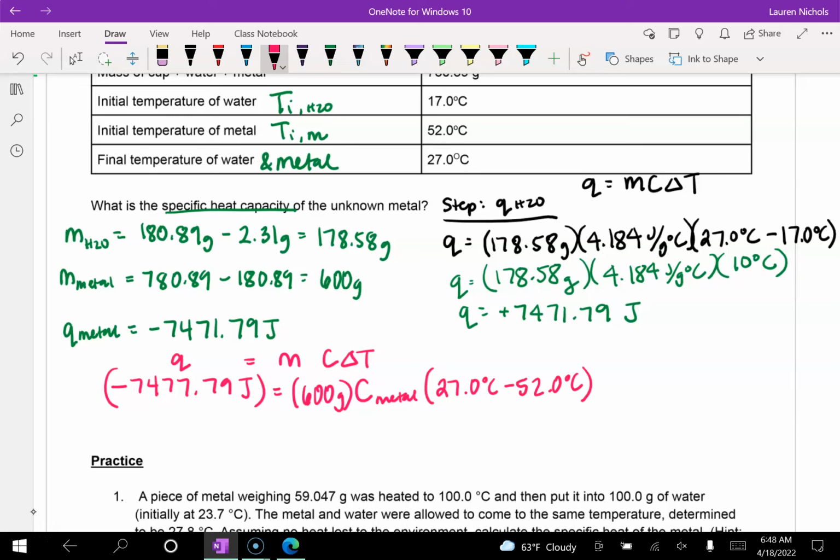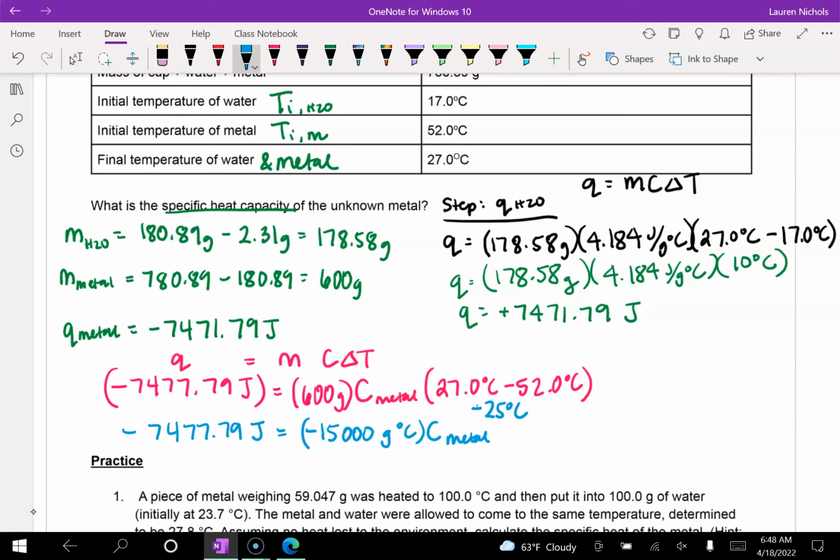So that's going to give us a negative temperature because it cooled down. And when we calculate this, we get negative 25 degrees. If we multiply that by 600, then our right side of the equation is negative 15,000 grams degrees Celsius times the specific heat of metal.